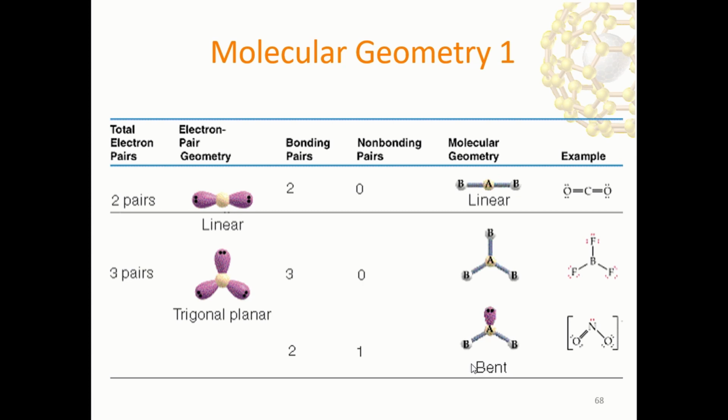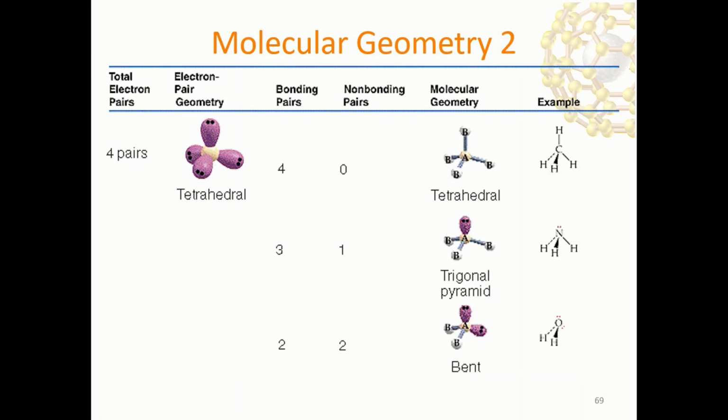Okay. Going to 4 pairs, there's a few options. The electron pair geometry, so 4 pairs of electrons, regardless of whether they are bonding or non-bonding, form a tetrahedral arrangement around about that central atom. I've lost my mouse, there we go. So this is a tetrahedral arrangement of the electron pairs, does not matter if they are bonding or non-bonding. So if all 4 are bonding, then the molecule is tetrahedral.